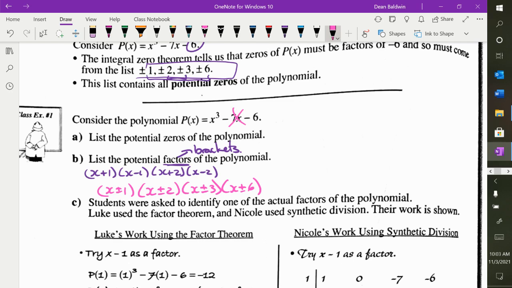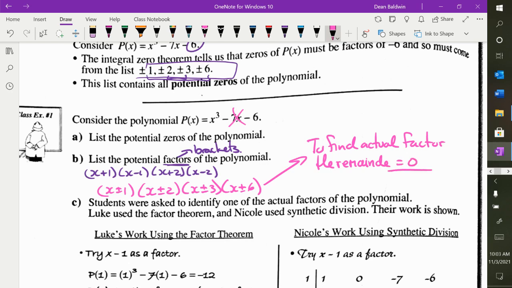A value is what makes each bracket 0. So to find the actual factor, the remainder must equal 0. That's how you find the actual factor.